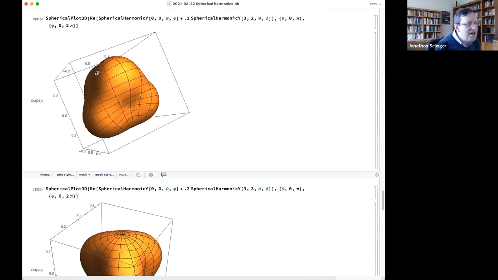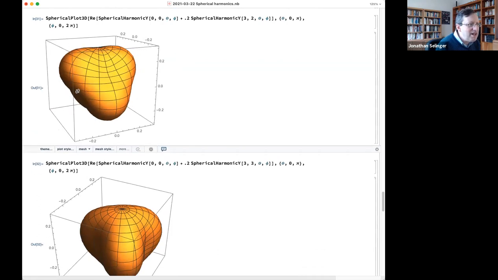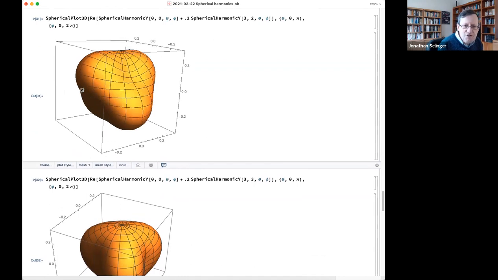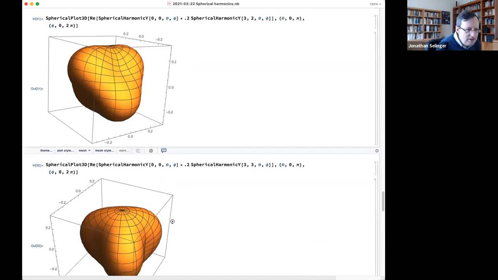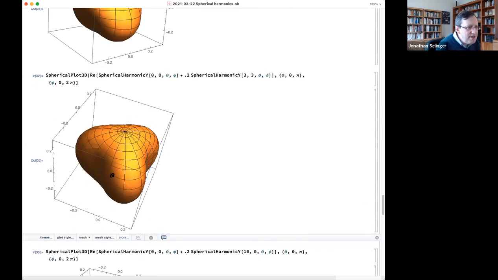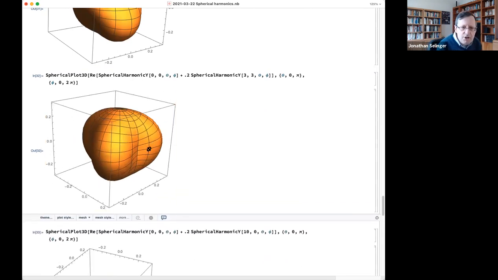So a planet that's shaped a little bit like a tetrahedron, and so it has that kind of distortion away from a sphere. And then 3, 3 would have this threefold distortion in the XY plane.